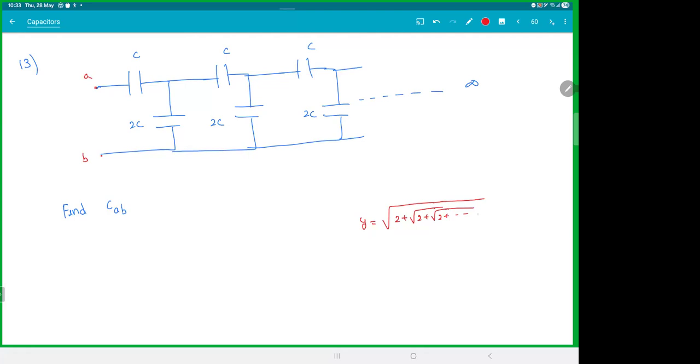You will say, since it is going to infinity, the whole thing is y. So this will be y is equal to root over 2 plus y. Remember this logic? Then you square on both sides, you get a quadratic and you solve. And you have seen this before.